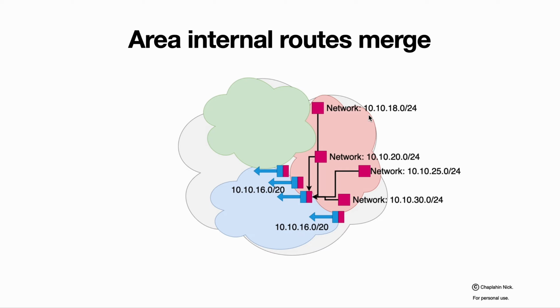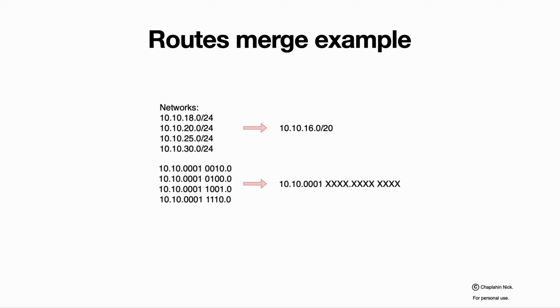For example, networks with prefixes 10.10.18, 10.10.20, 10.10.25, 10.10.30 can be merged and transmitted as 10.10.16 with mask length 20. You remember from my video about IP how it works, but let us just remind. So we have networks with prefixes 10.10.18, 20, 25, 30.